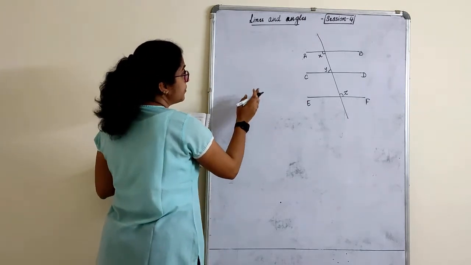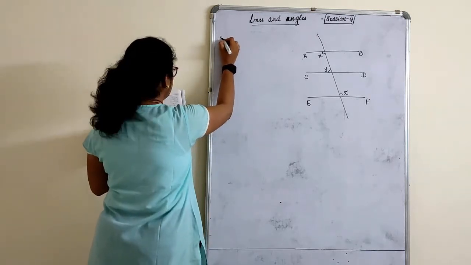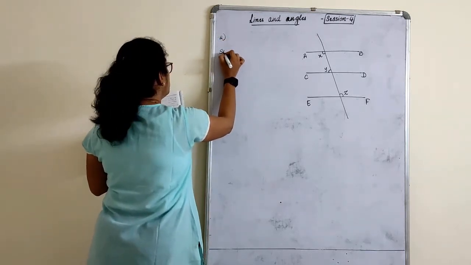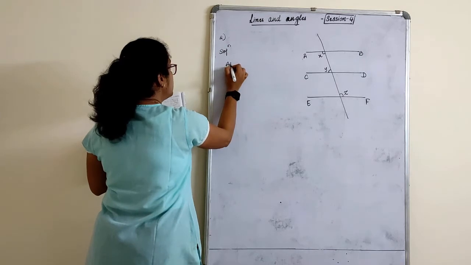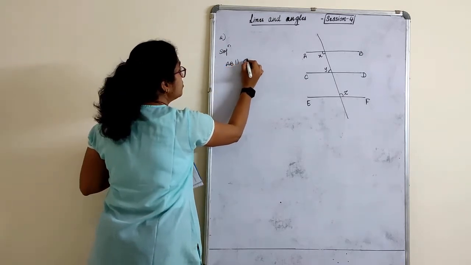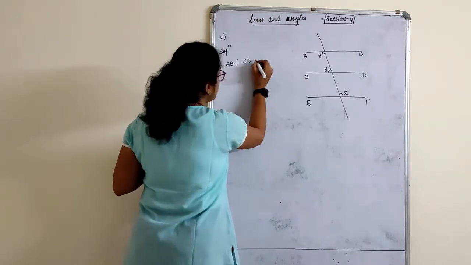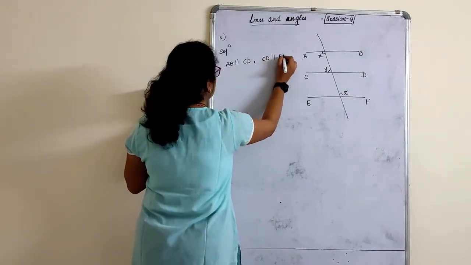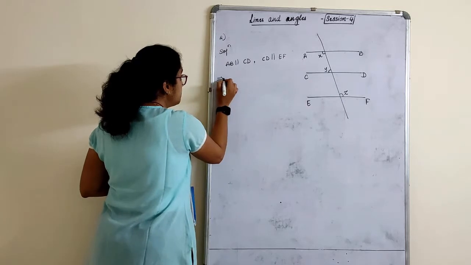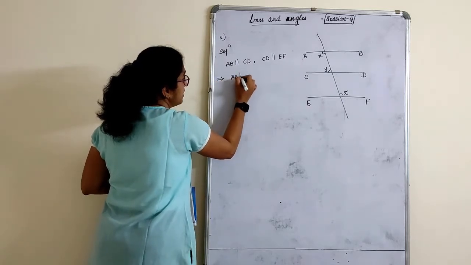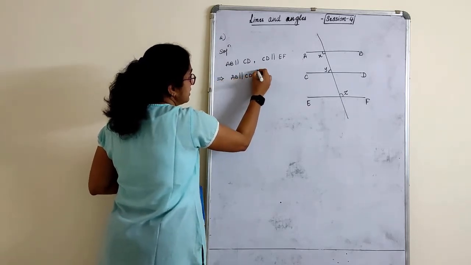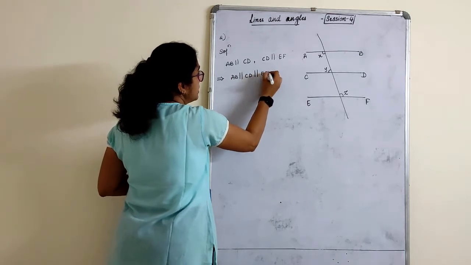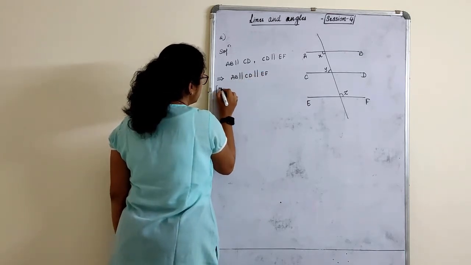First we can start with the parallel lines given. Solution. They have given AB parallel to CD, comma, CD is parallel to EF. This implies AB is parallel to CD is also parallel to EF. Reason?